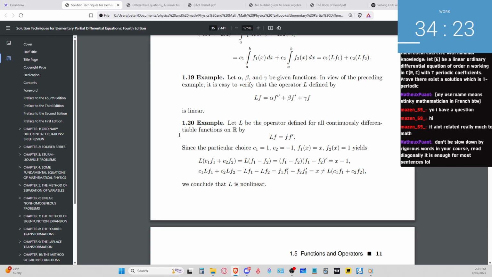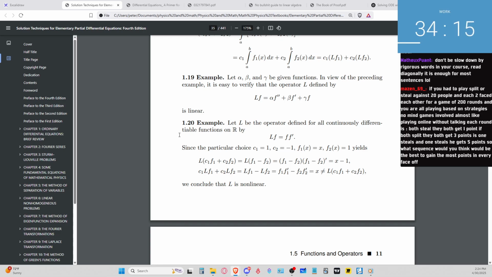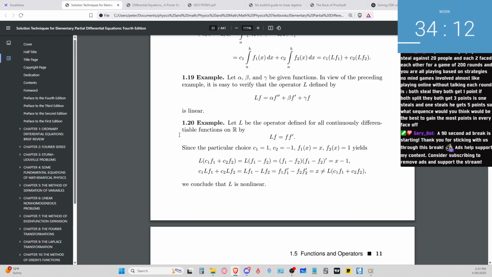Let L be an operator defined for all continuously differentiable functions on R. Since the particular choice of C1 is 1 and C2 is -2, f of x is equal to x and f2 of x is 1, which yields the result equal to x and not equal to the other side. So we conclude that L is nonlinear.